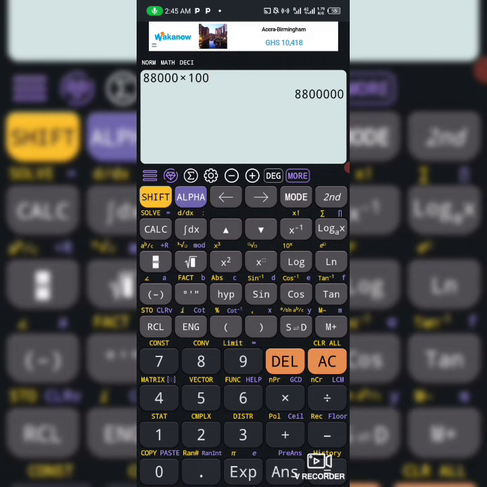What is the relationship between $100 and $10,000? $10,000 is 100 times $100. So you are multiplying 8,000 by 100. If you do that, we have 8.8 million dollars.